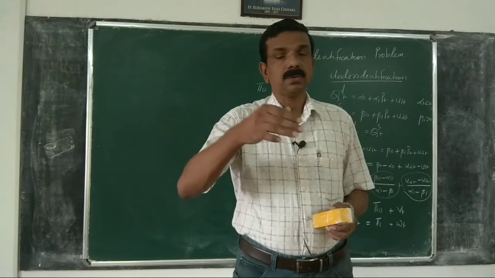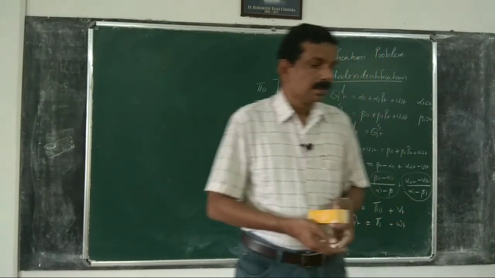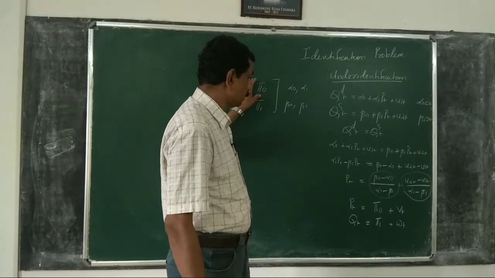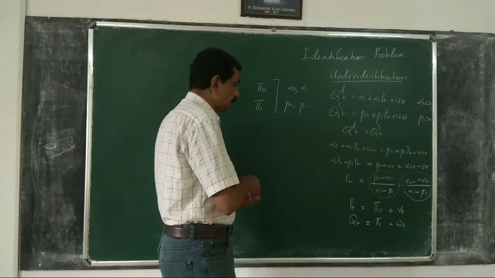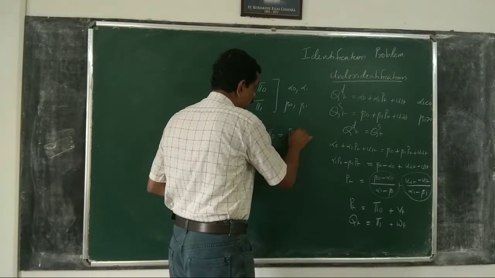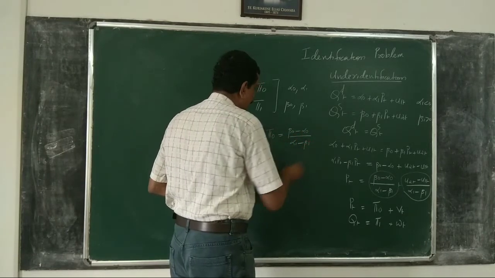Now there is no unique way to estimate them. The reason is that we have two reduced form coefficients, pi 0, and we know that pi 0 is equal to (beta 0 minus alpha 0) divided by (alpha 1 minus beta 1).